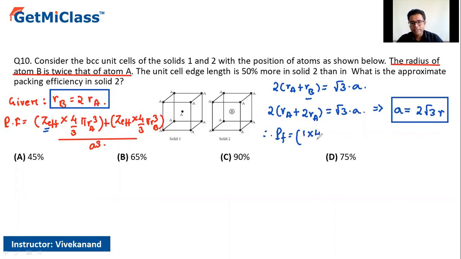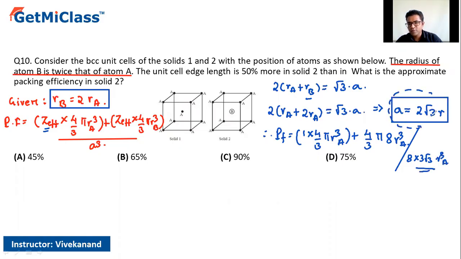So 1 into 4/3 pi r cube of A, plus 4/3 pi r cube with respect to A for B, which gives us 8 r cube A. The entire thing is divided by 8 into 3 root 3 r cube A, because a we already know is 2 into root 3 r.